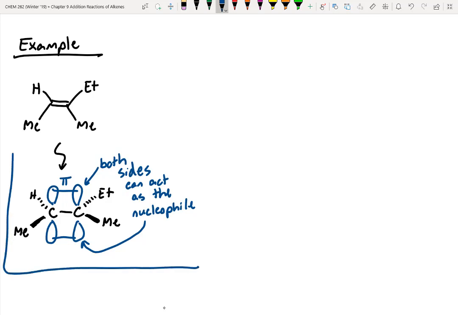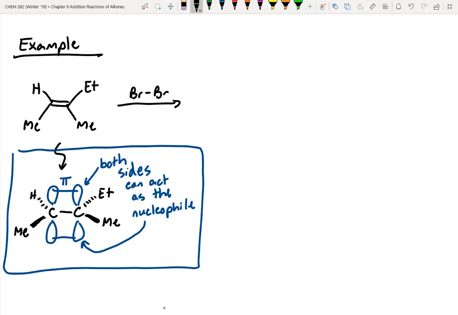Okay, so we've got this important note that both sides of the alkene can act as a nucleophile. Now let's see what happens when we react this with elemental bromine. We could have one product where maybe that bromine installs itself on the top face. So we get this triangle with the bromine coming off the top.